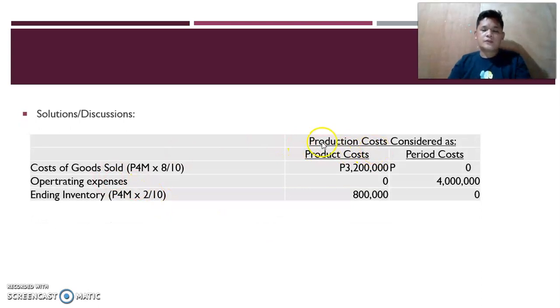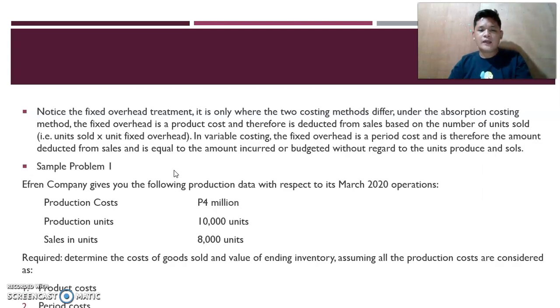Dito na. So, compute for the cost of goods sold. Cost of goods sold is computed by 4 million times 8 divided by 10. So, saan kinuha itong 8 divided by 10? Hindi ba class, 4 million yung total ginasto. Ito yung ginasto mo para i-produce itong 10,000 units.